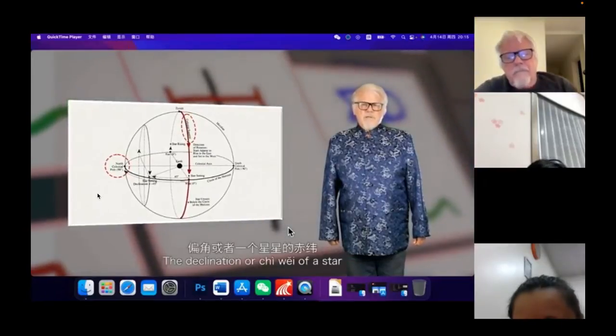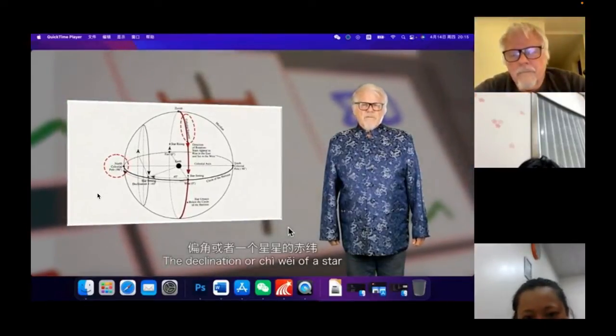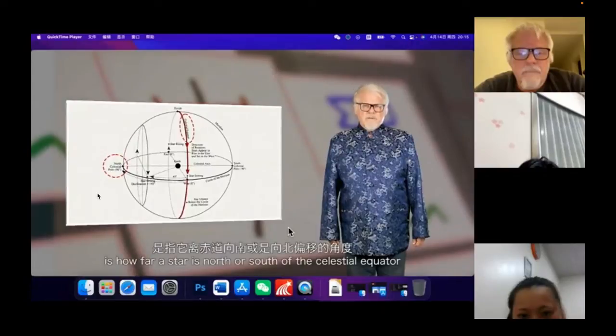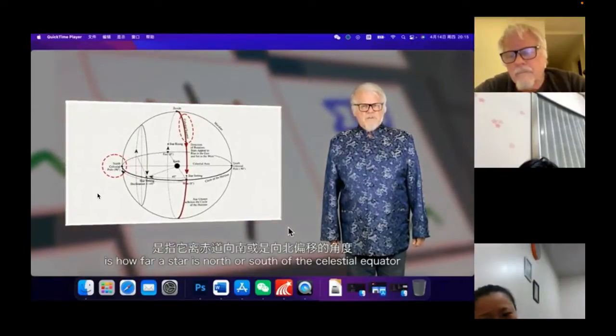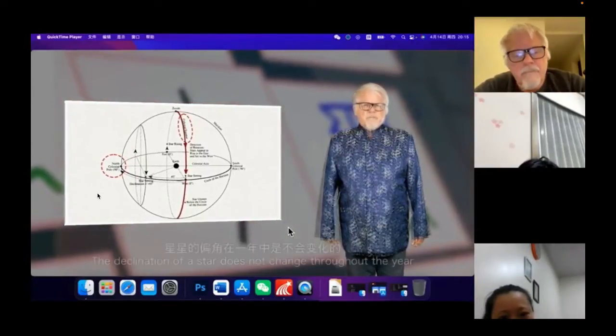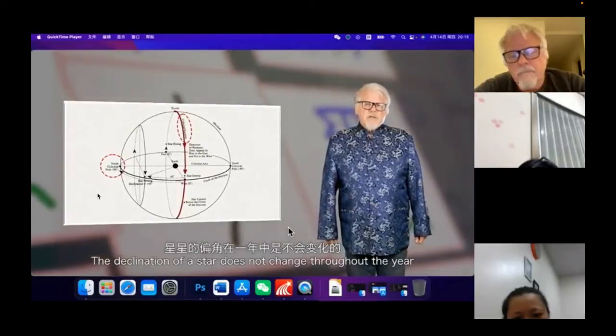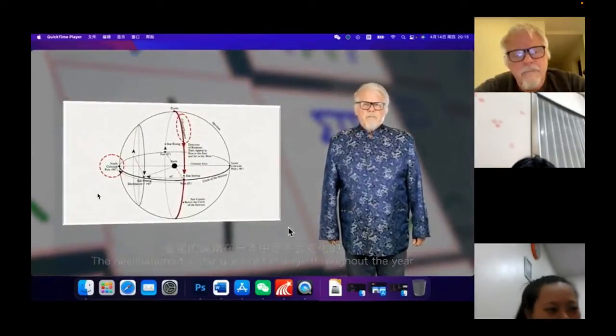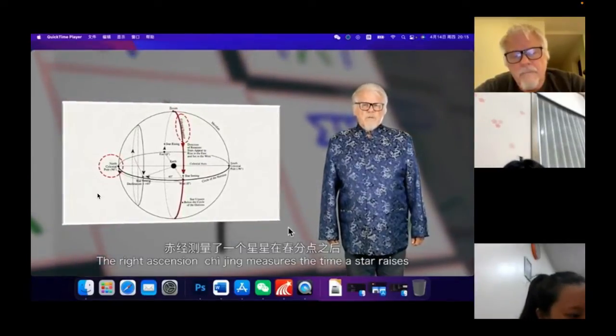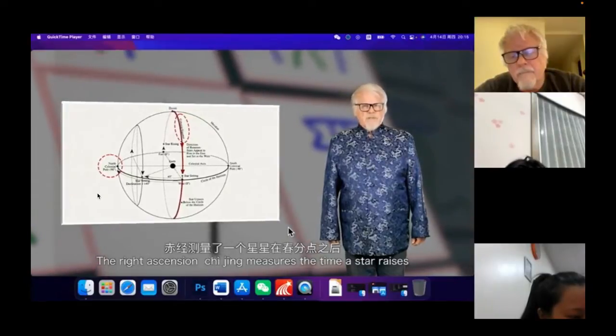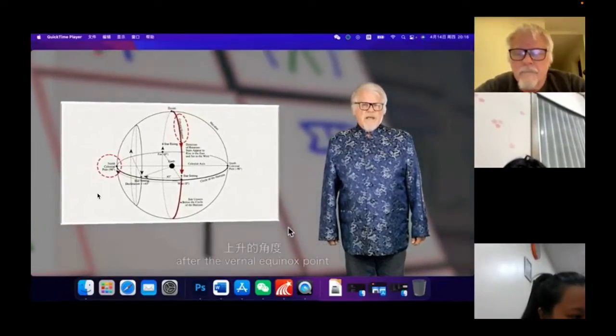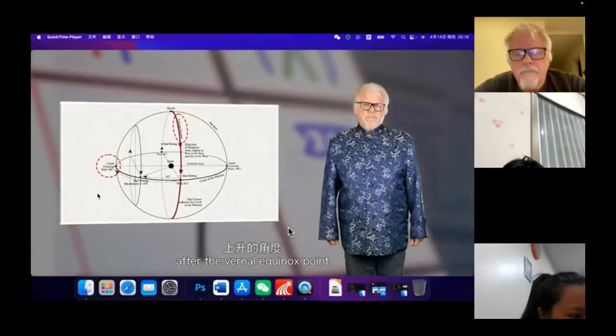The declination, or Chi Wei, of a star is how far the star is north or south of the celestial equator. The declination of a star does not change throughout the year. The right ascension, or Chi Jing, measures the time a star rises after the vernal equinox point.